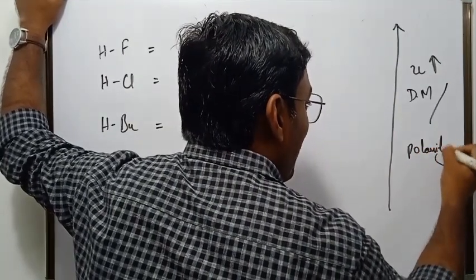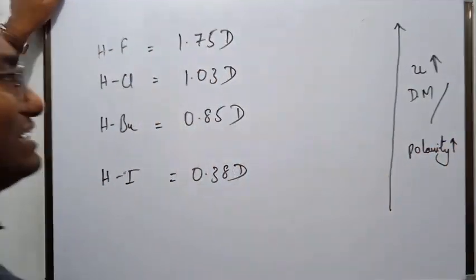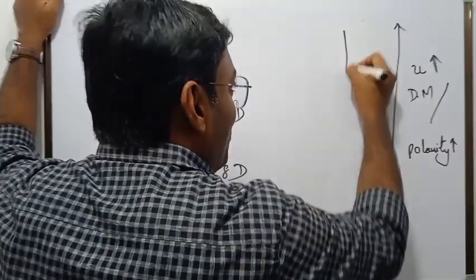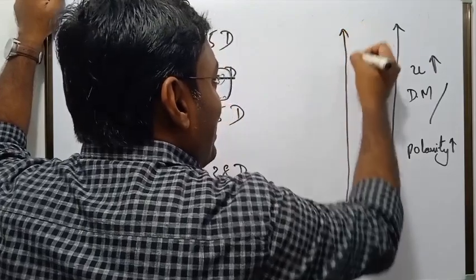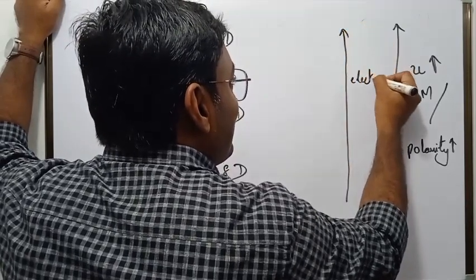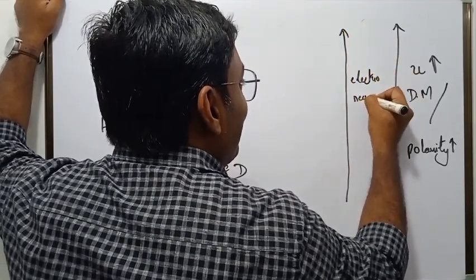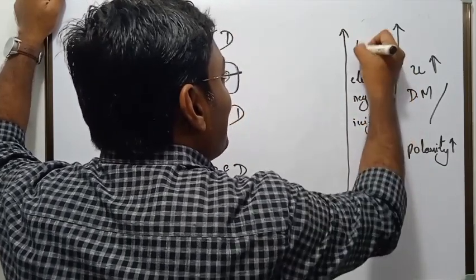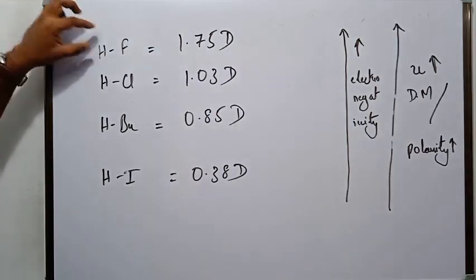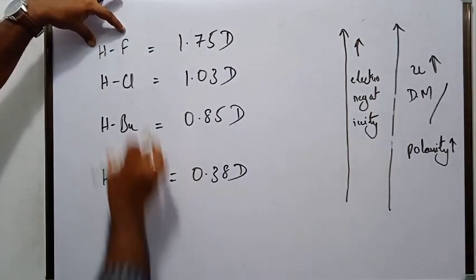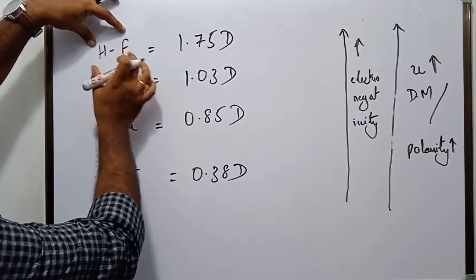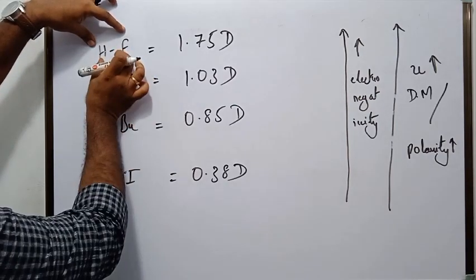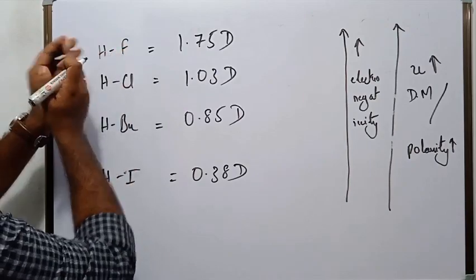As you go up the table, polarity increases and dipole moment increases. And what about electronegativity? It also increases like this. Of course, there is an electronegativity difference in HI too, but not as much as in HF. In the HF bond, there is a high electronegativity difference, correct?